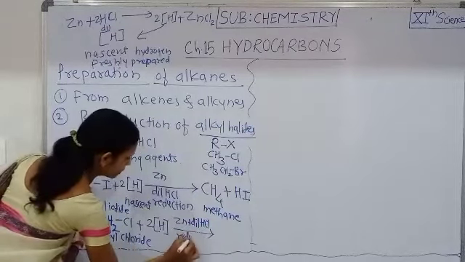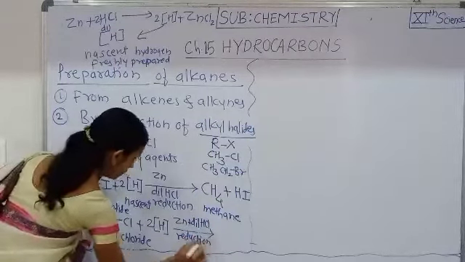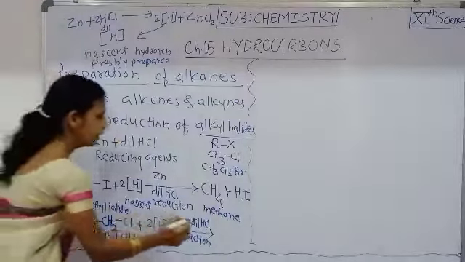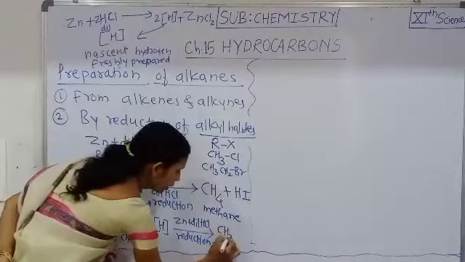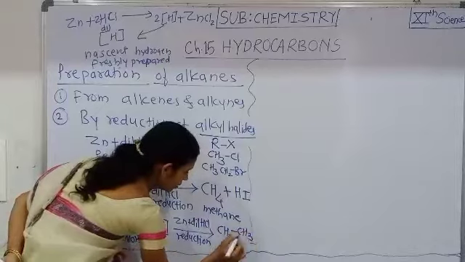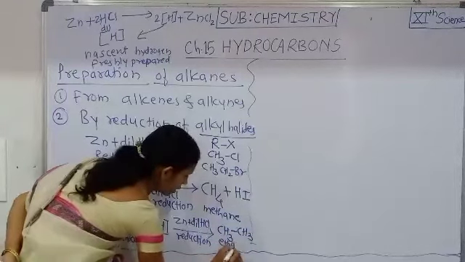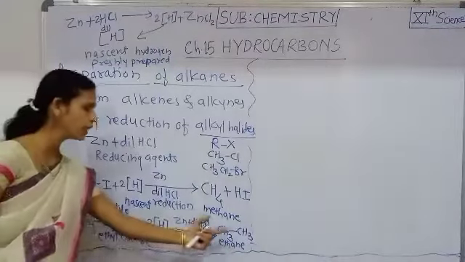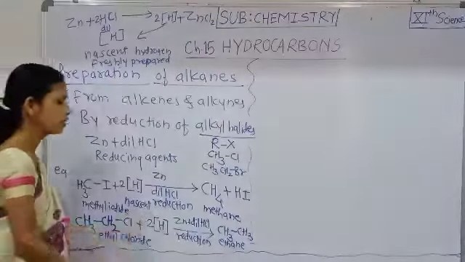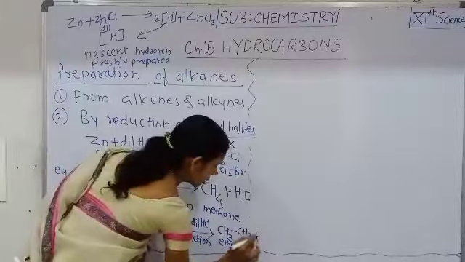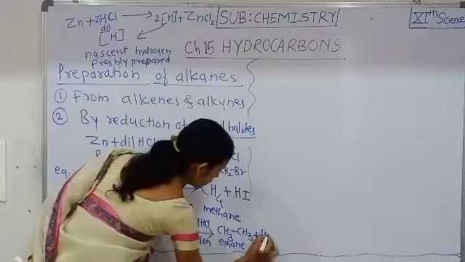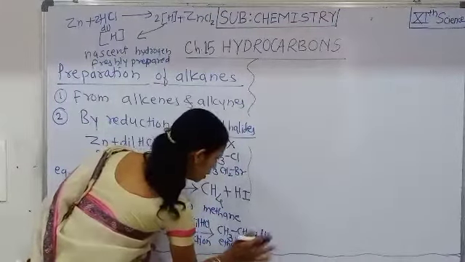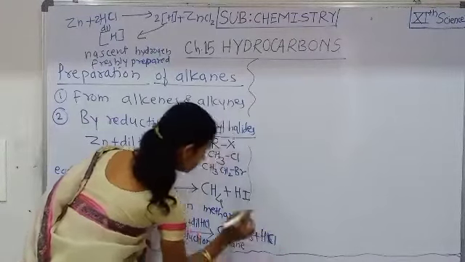On reduction of ethyl chloride, it gives ethane, the corresponding alkane, with the byproduct HCl.